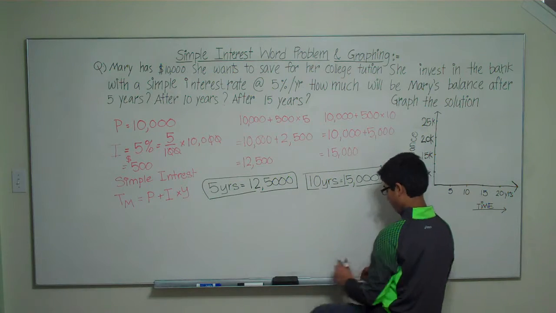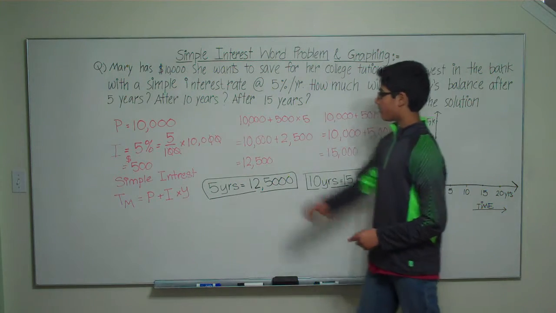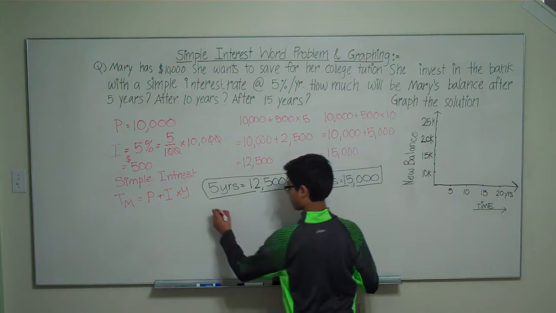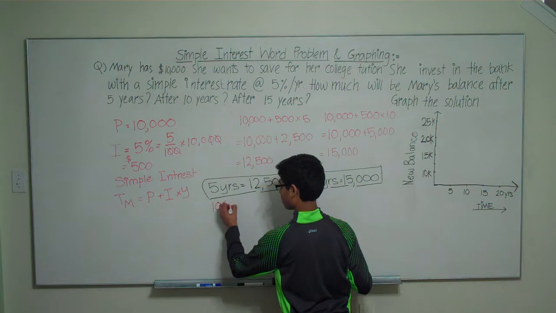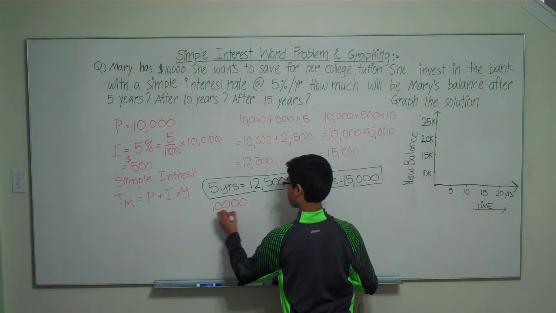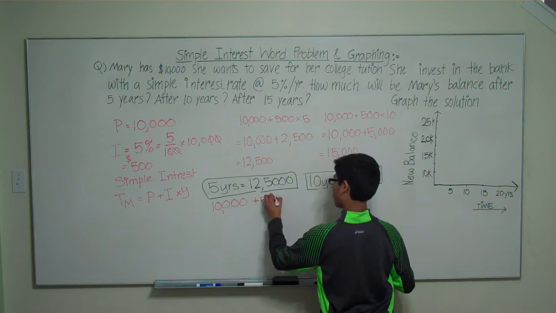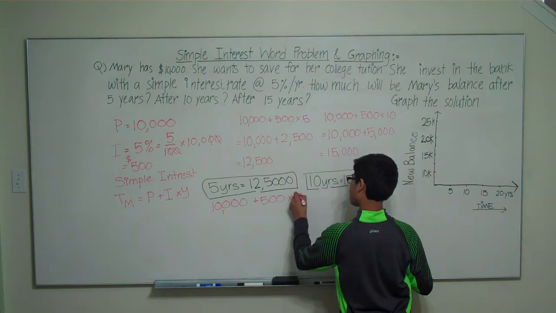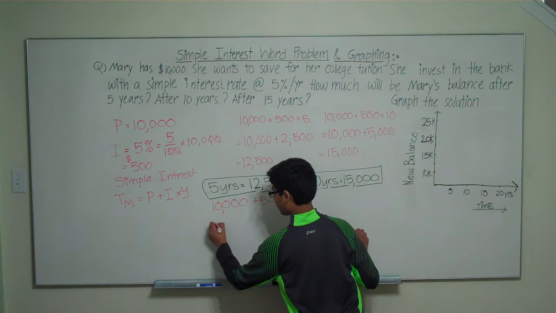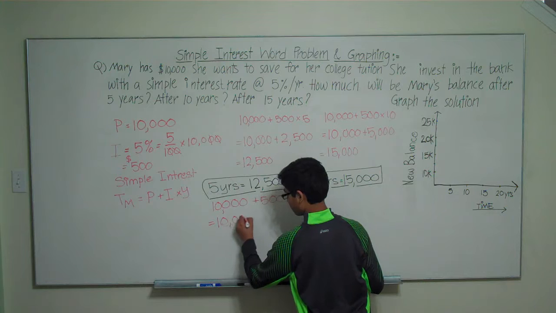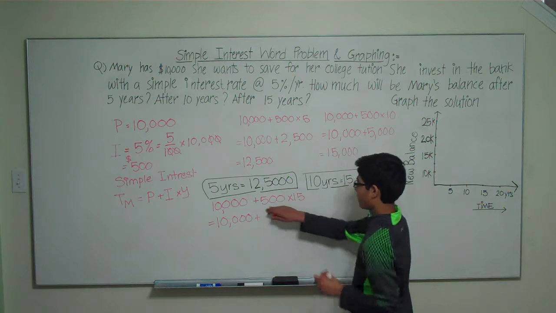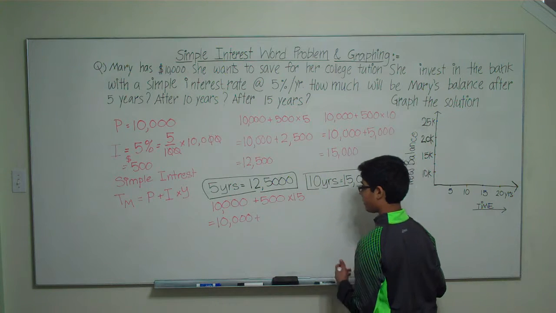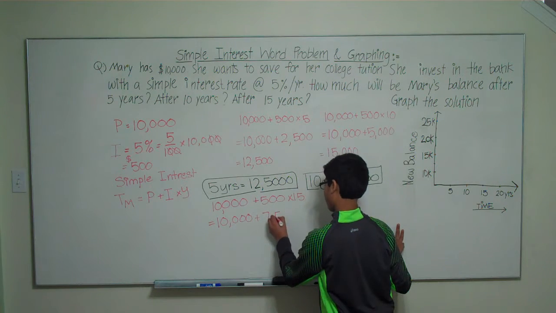Now let's find out how much her balance will be after 15 years. So it's $10,000 plus the interest, which is 500, times the years, which is 15. So this is equal to 10,000 plus 500 times 15. 500 times 15 is $7,500.